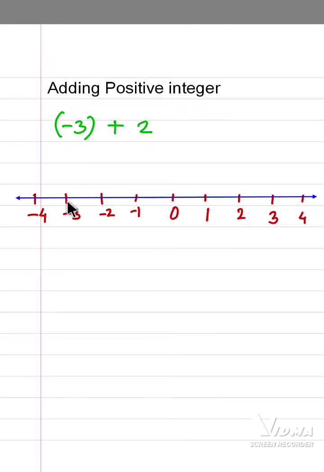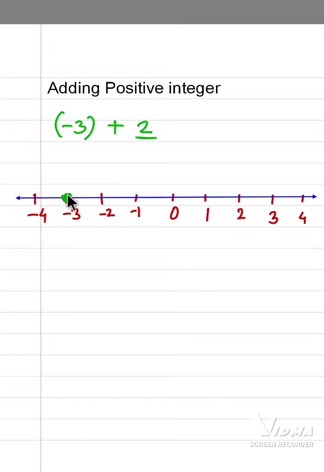So look at the number line now. When we add this negative integer and this positive integer, we must start with the number which is given in the beginning. Here is the location of -3, and the +2 is to be added here. Now here is the way to add this +2 to -3. We should move on the number line to the right side by how many steps? 2 steps.